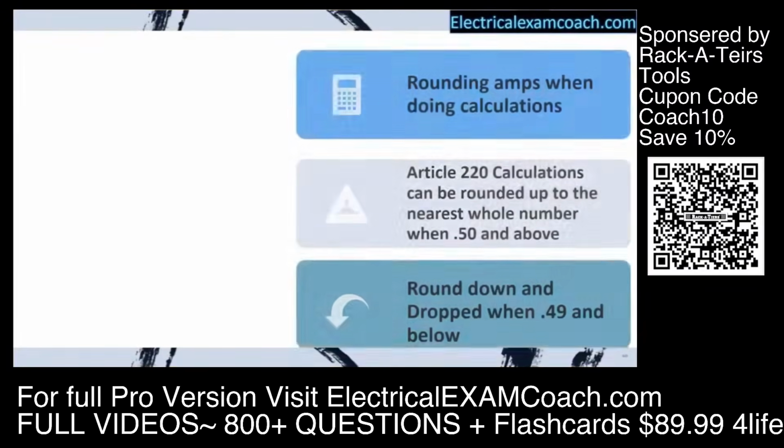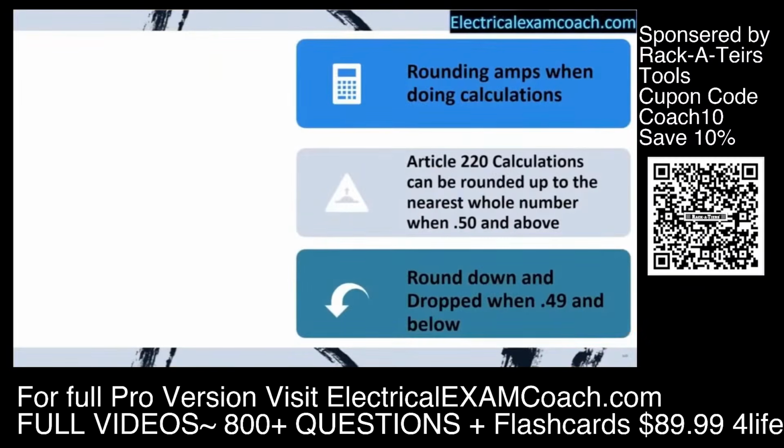In Article 220 calculations, we're going to be able to round up or down. We're going to round up to the nearest whole number when it's 0.50 and above. And we're going to round down and drop it when it's 0.49 or below. I want to let you know, though, that we're only going to do it one time at the end of the calculation. You're not going to be rounding up and down in between each piece, or you'll definitely end up with the wrong answer.